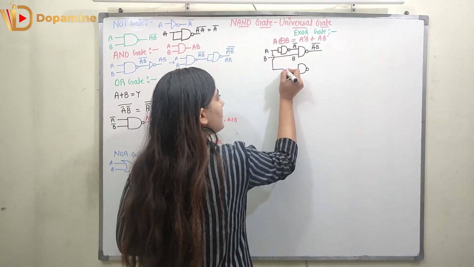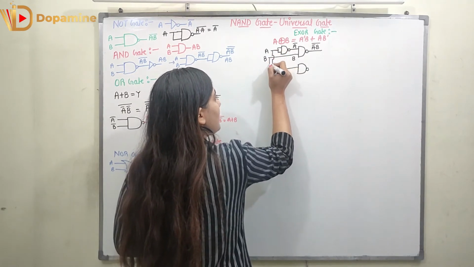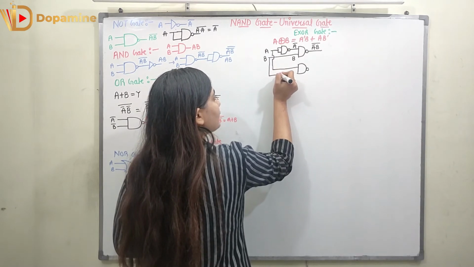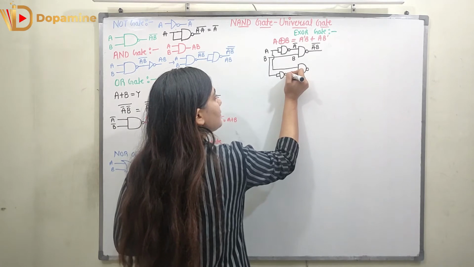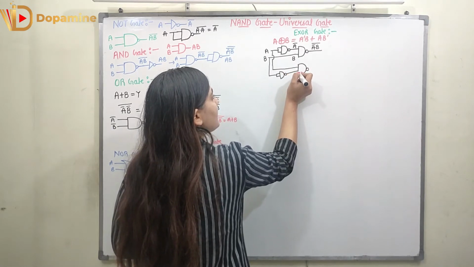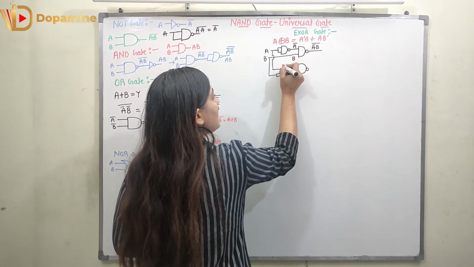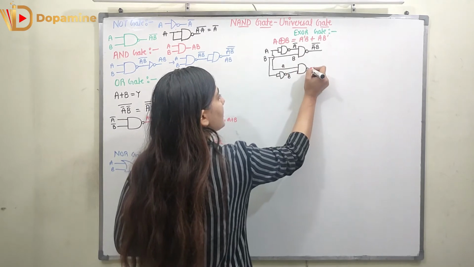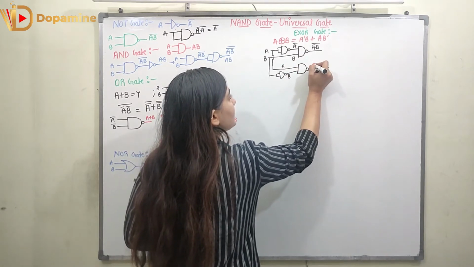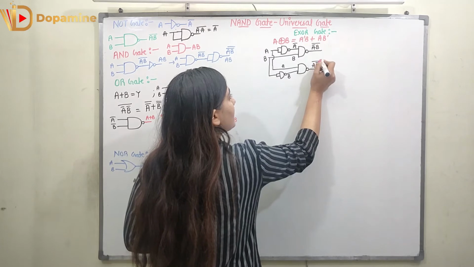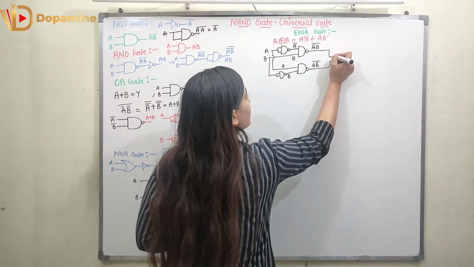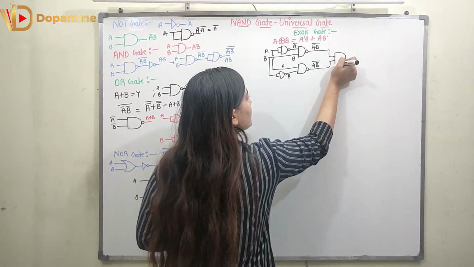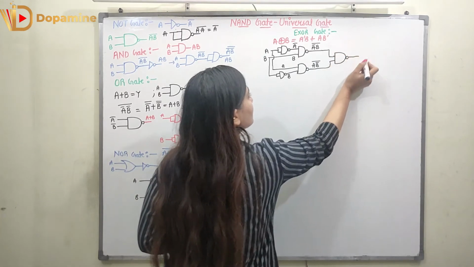So A is transmitted over here, and for B bar I have to take a NOT gate. So this is a NOT gate. Using the NAND gate I have taken B bar over here. So this is my A, this is my B bar. What I am going to get over here is A B bar whole bar. Right? Again I am going to use a NAND gate. So this is a NAND gate. I will get the output from here.